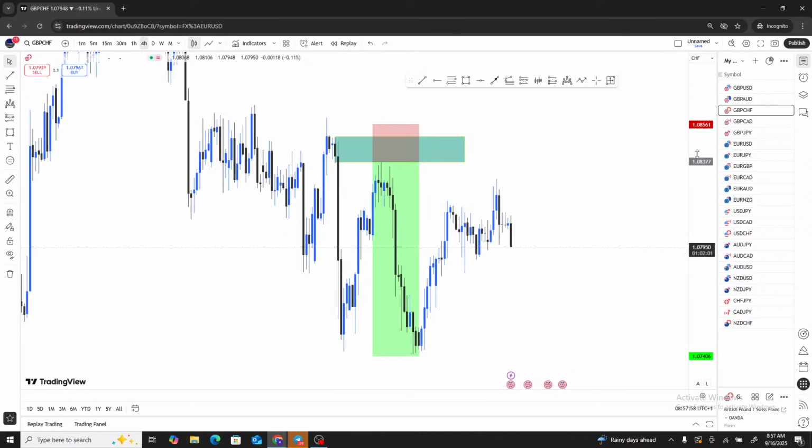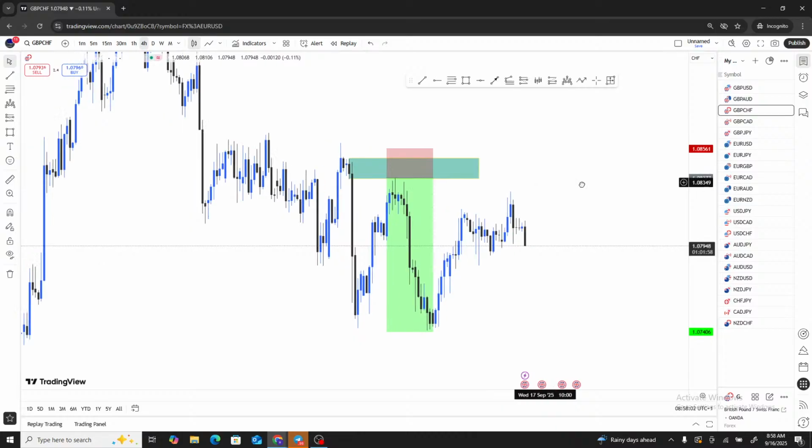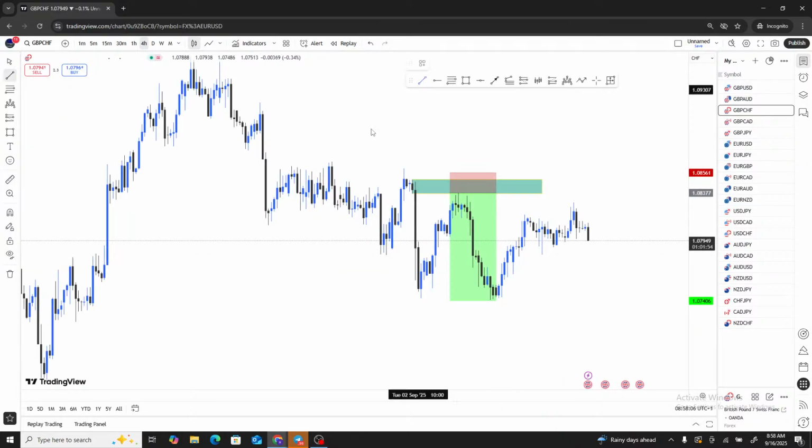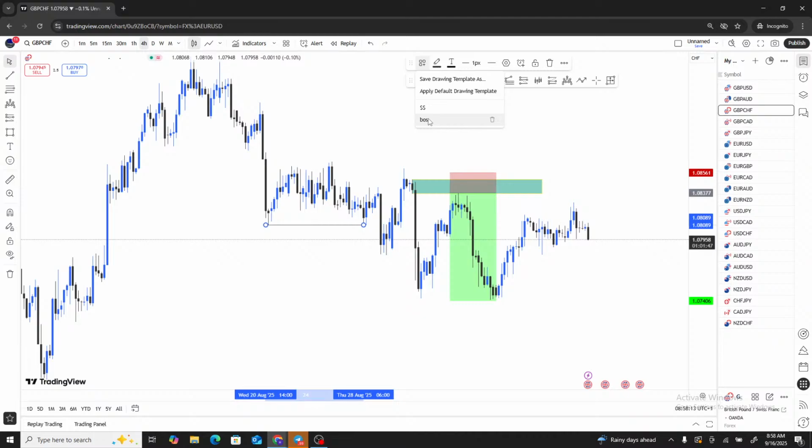Price just broke structure. In this trade, let me show you something. You see, price has done BOS, break of structure. A very clean break of structure. You see an order block, very clean. You see the imbalance, very huge imbalance.